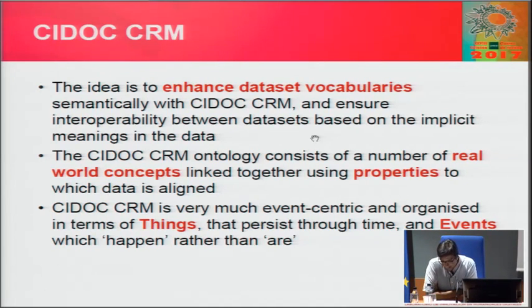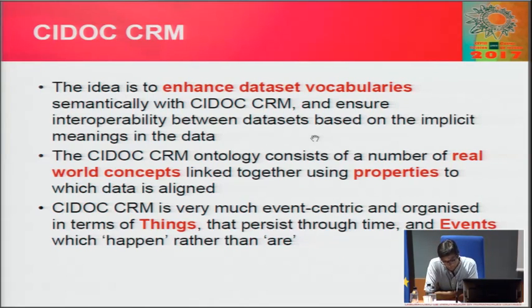The CIDOC CRM ontology itself consists of a number of real-world concepts linked together using properties. The designers of CIDOC CRM are quite insistent on this link with the real world, because they claim that anchoring their ontology to reality puts a constraint on the kinds of things that you can actually put in the ontology.